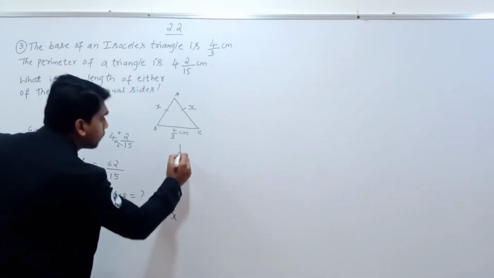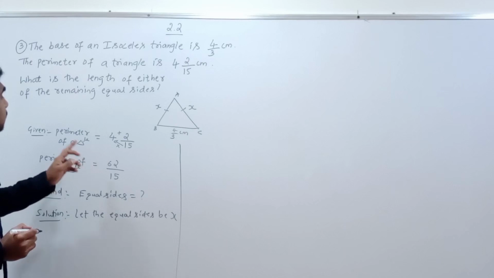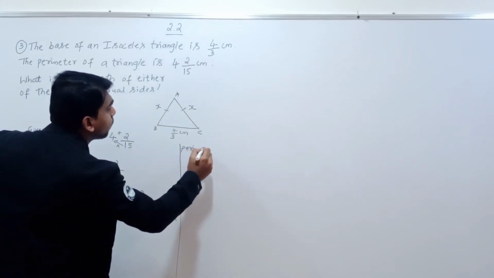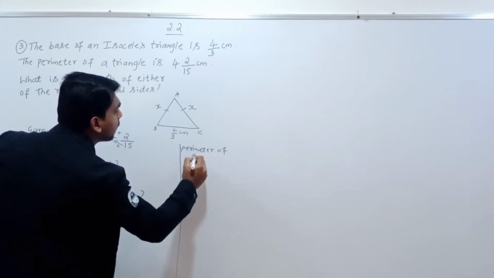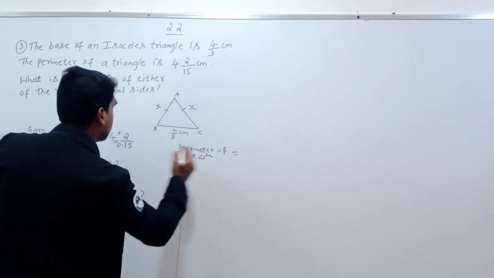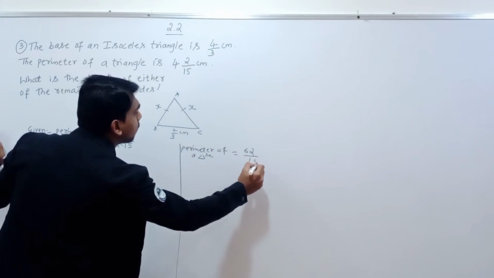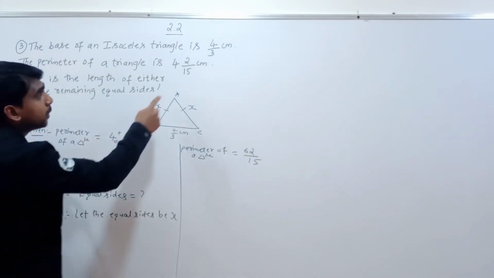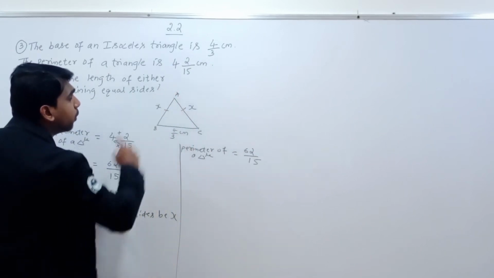Now, the given is the perimeter of the triangle is 62 divided by 15. Perimeter means we should add all the boundaries.